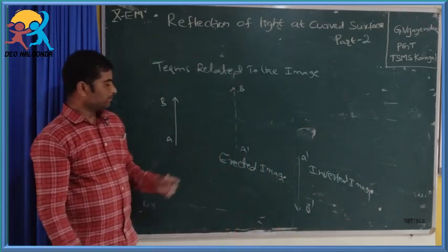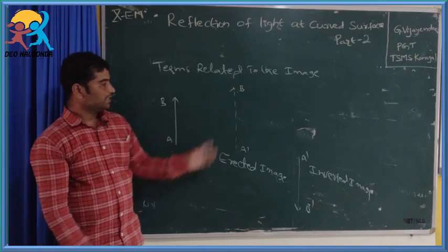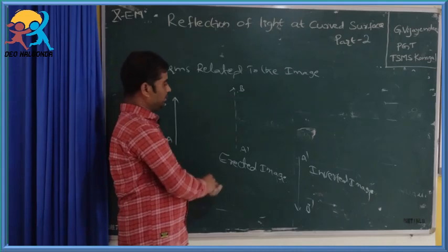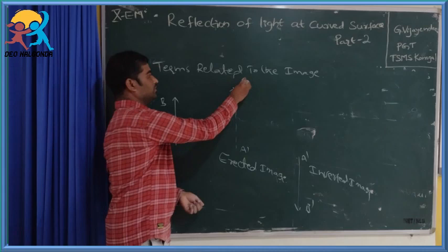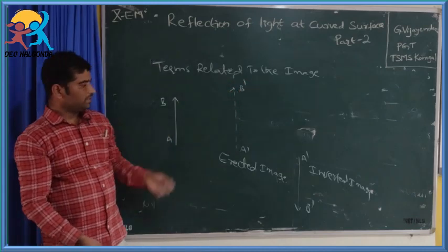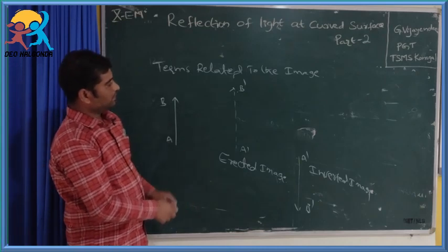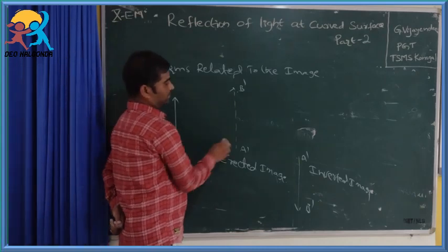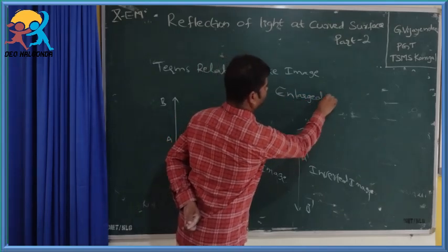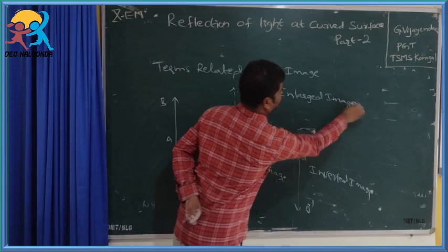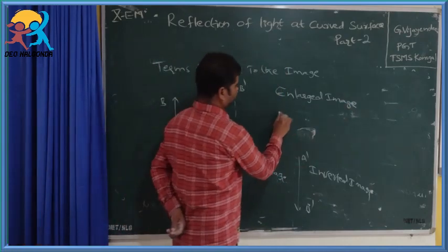Sometimes the object is AB and the image is A dash B dash, and the size of the image A dash B dash is more than the size of the object AB. So according to size, the images are enlarged image, and second one is diminished or small image.